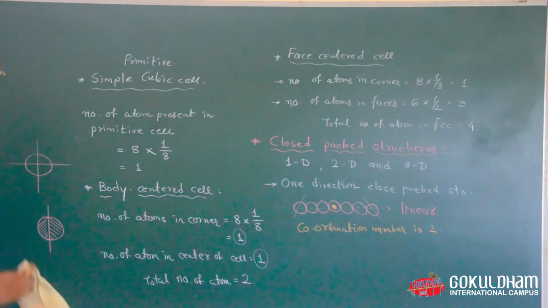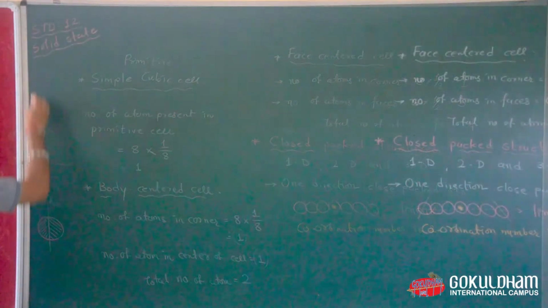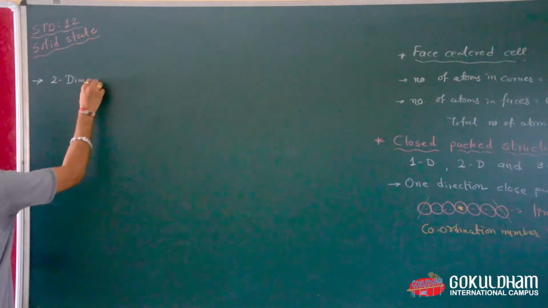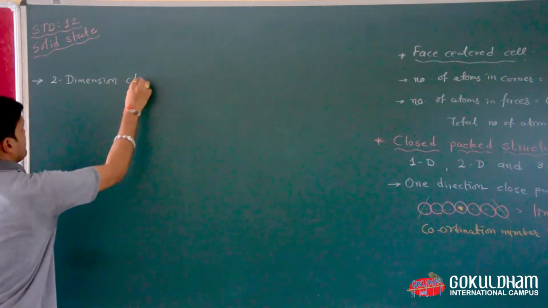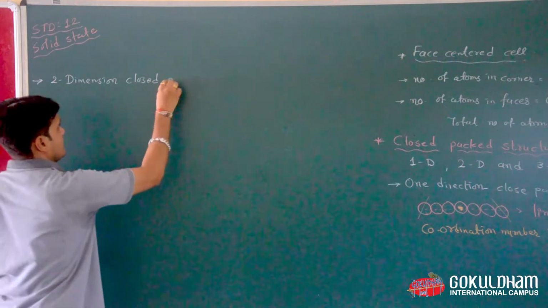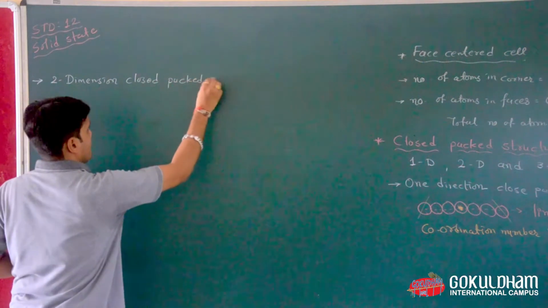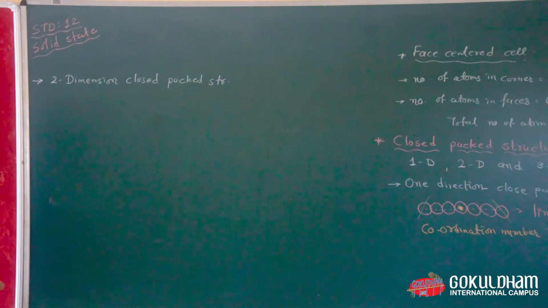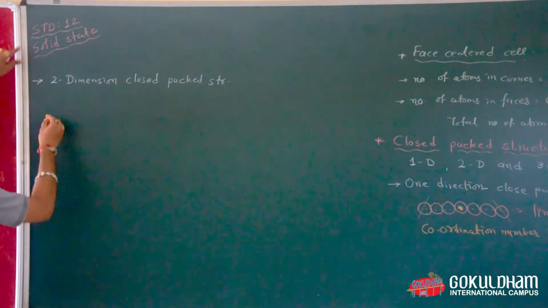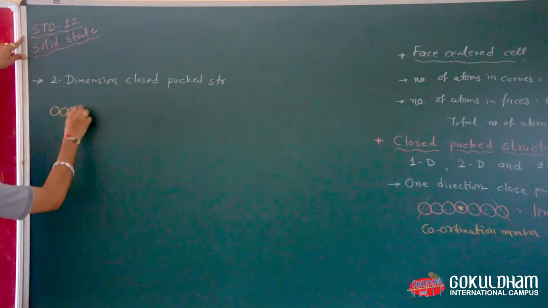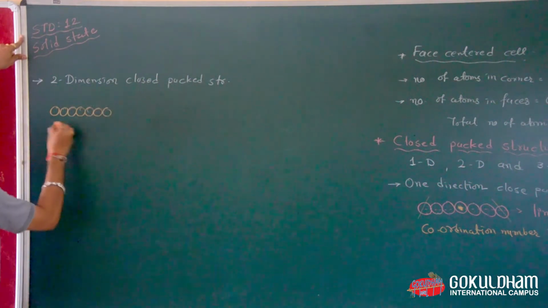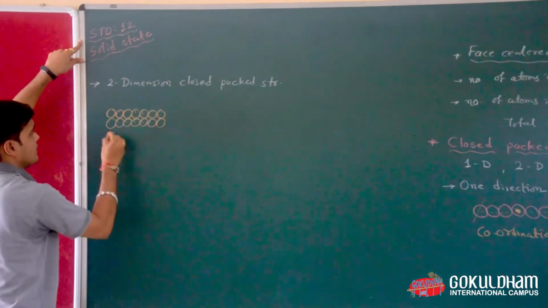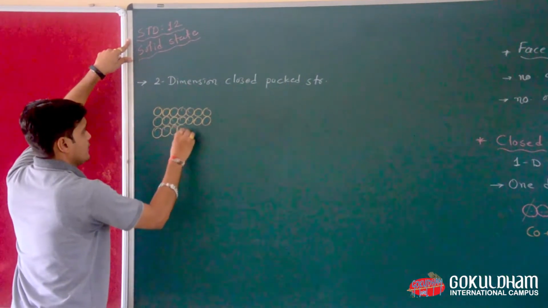In 2 dimension, the close packed structure has 2 different cases. The molecules are arranged in a similar way, such that one molecule is placed on another molecule.